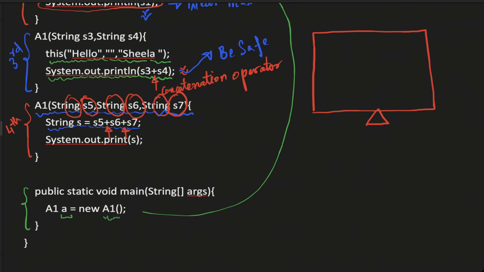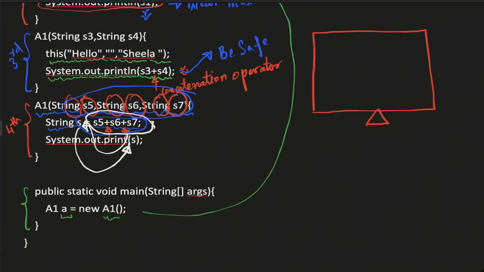All these strings will be concatenated and stored inside s. Let me draw all these strings concatenated here. Concatenated and then stored in s, and that s will be printed on the console.